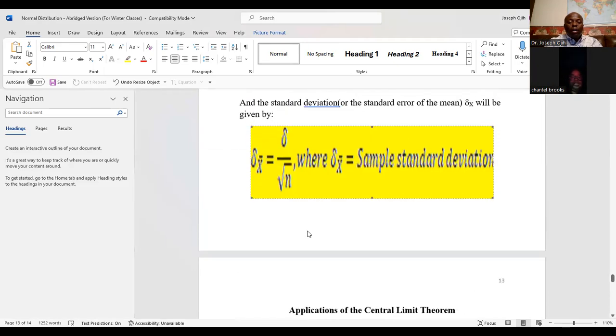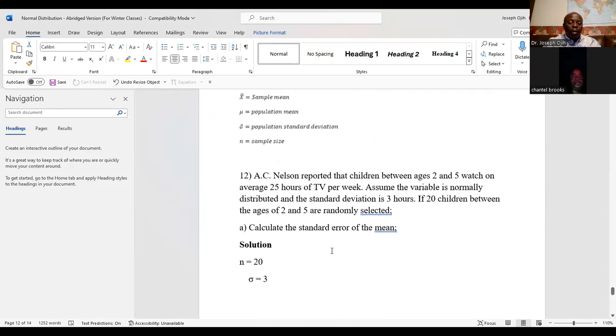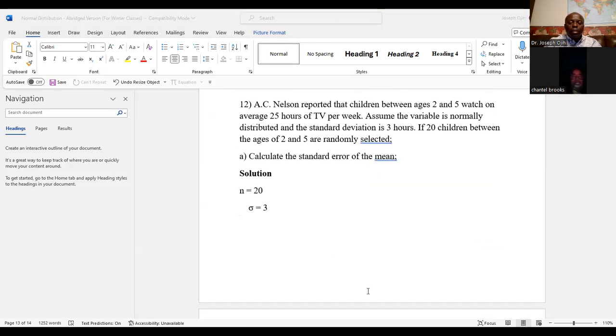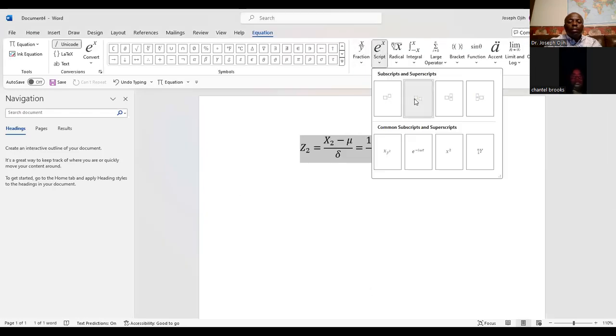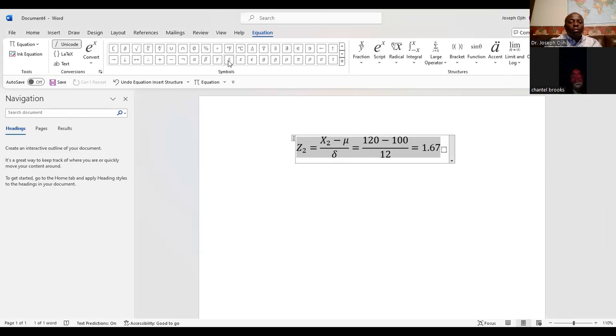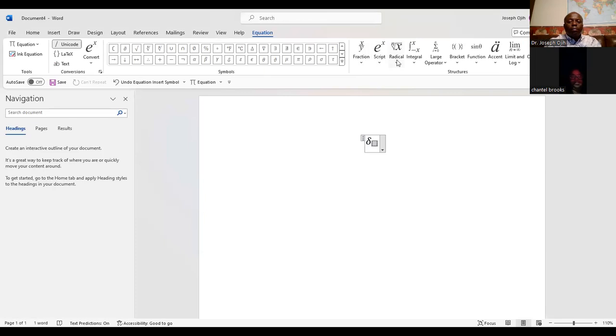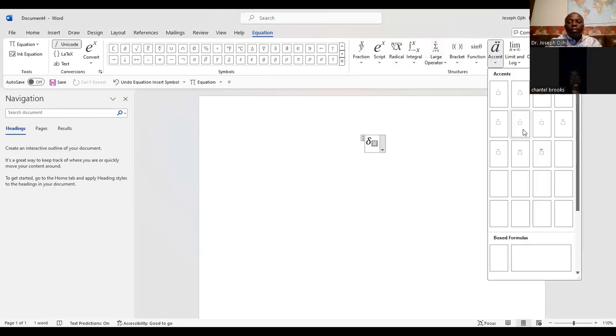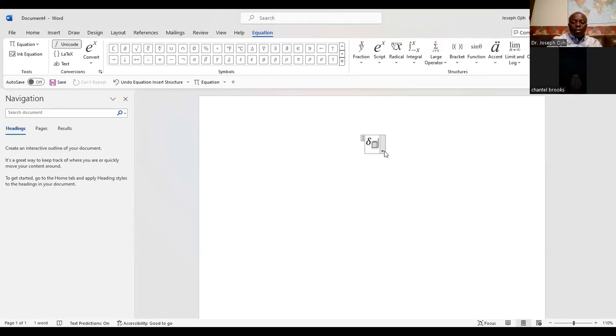So you're going to have the standard error, the standard deviation of X bar. Now X bar is right there. That's the standard error. It's going to equal the standard deviation over the square root of n. So that's the standard error.